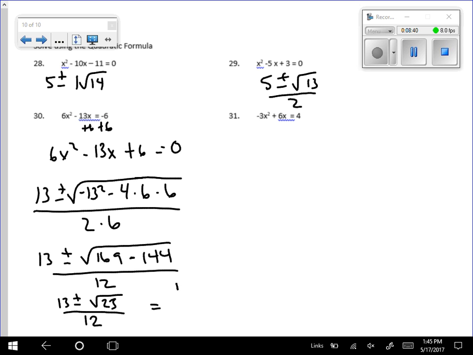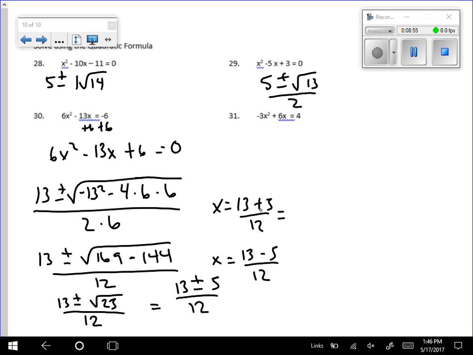That's going to give me 13 plus or minus 5 over 12. So x could equal 13 plus 5 over 12 or 13 minus 5 over 12. So this would be 18 over 12. Could simplify to, sorry about the interruption there, 3 over 2, and 6, and we could go even further, 3 halves.